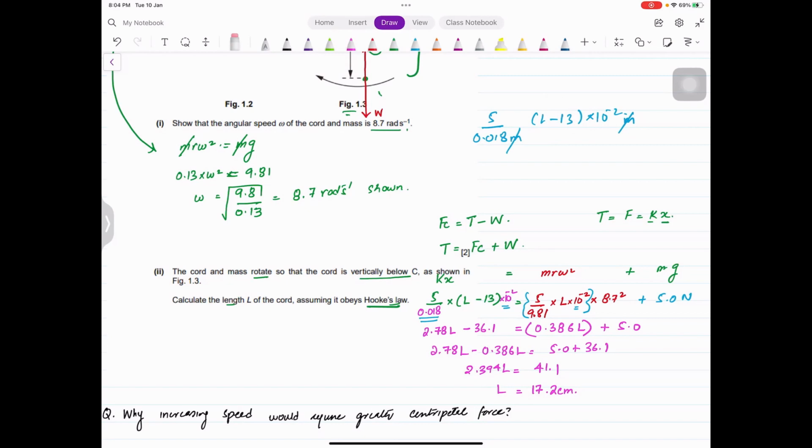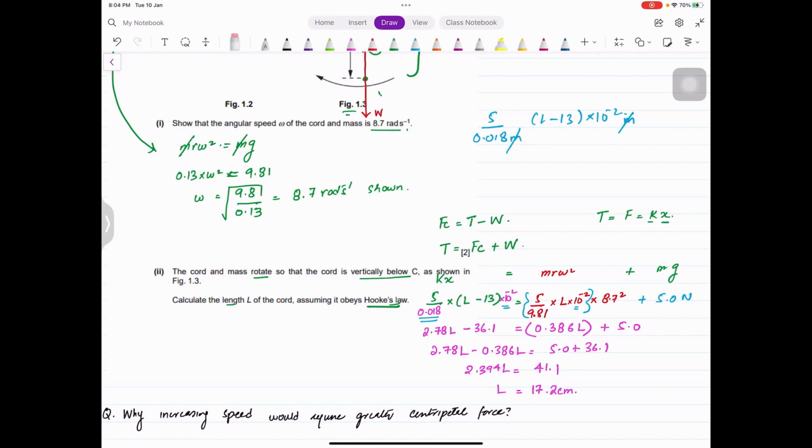All right, Munib? Sir, when you multiplied 5 over 0.018 with 13, did you multiply it with 13 or 13 times 10 to the power minus 2? 10 to power minus 2. Yeah, then how did it cancel out?